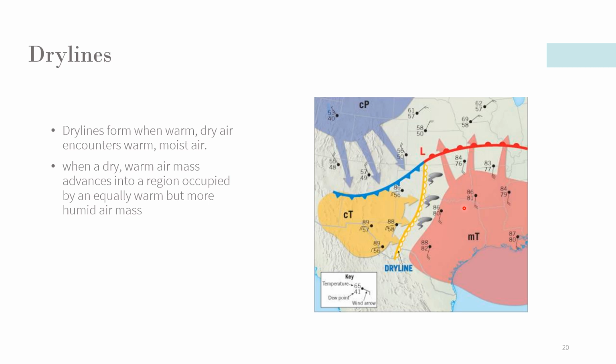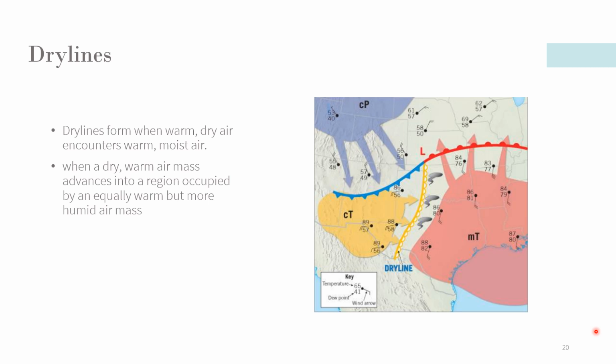And these dry lines most often develop over the southern Great Plains when the dry continental tropical air mass originating from the southwest, as you see here, meets moist maritime tropical air mass from the Gulf of Mexico.